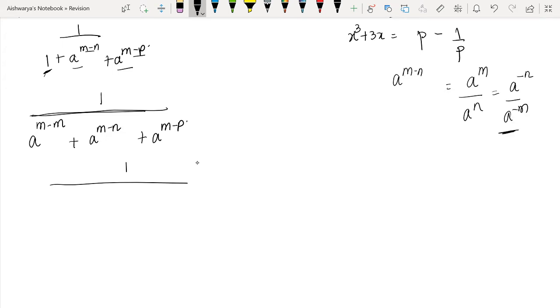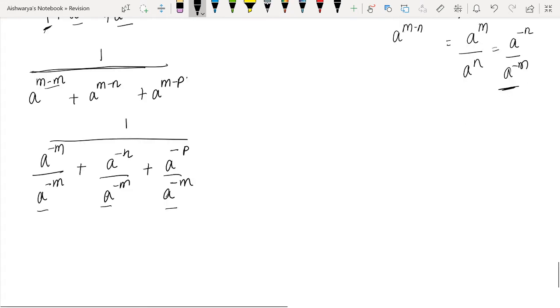I am going to write it like this: a power minus m divided by a power minus m. The next one will be a power minus n divided by a power minus m plus a power minus p divided by a power minus m. Why I did that was to take out this term common.